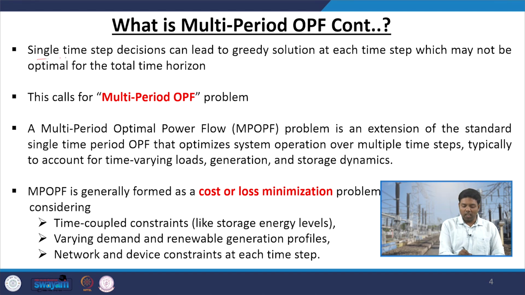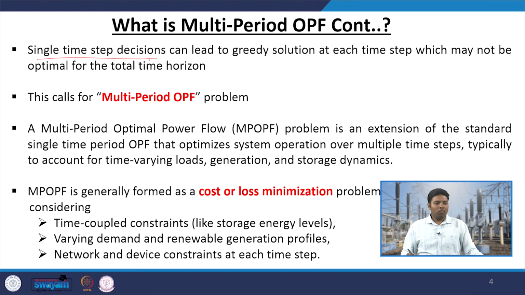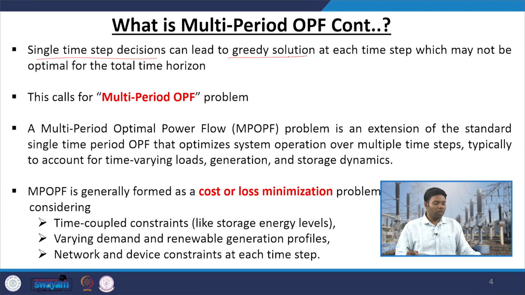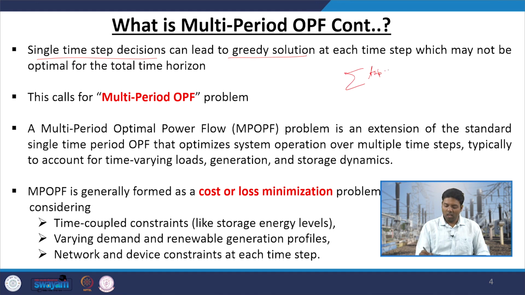So, if you take a single time step decision for this kind of problem and solve it, this is mostly named a greedy solution at each time step, and that solution may not be optimal or may not obey this time coupled expression. Let us say you are saying that total tap changing will be the summation from t equals 1 to capital T of tap of t minus tap of t minus 1.